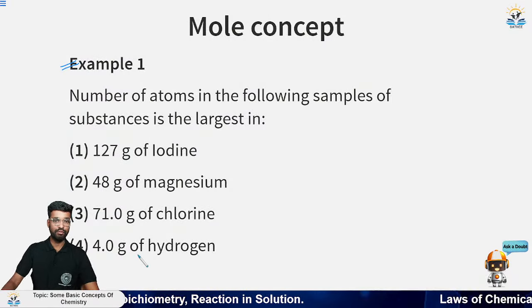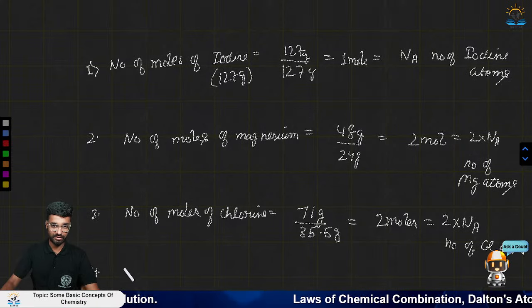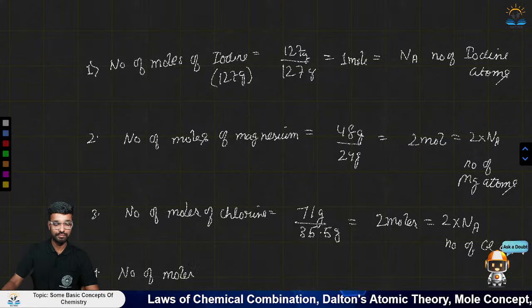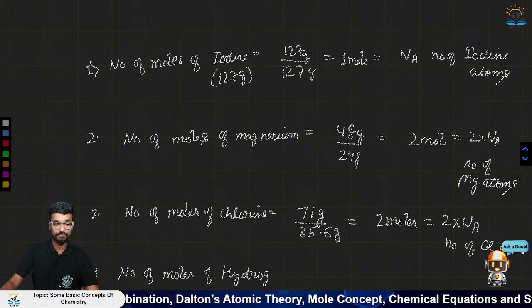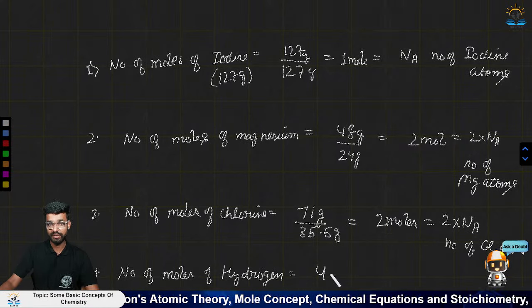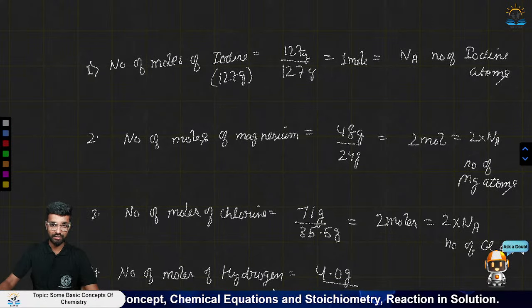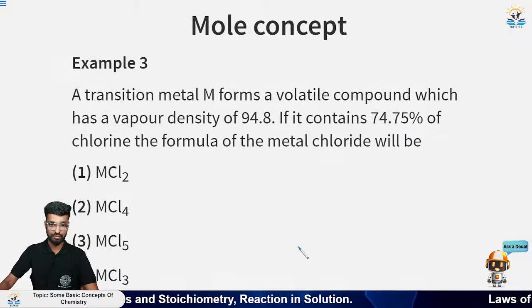The last option is 4 gram of hydrogen. So the number of moles of hydrogen is equal to the given mass, which is 4, divided by the molar mass or the atomic mass of hydrogen.